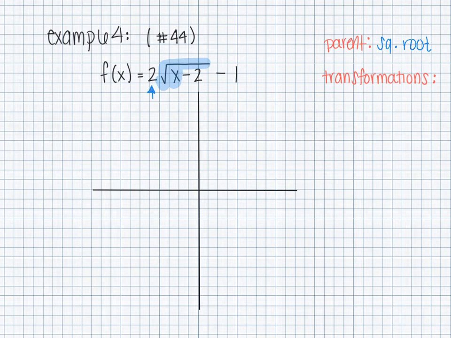A 2 out front, all the way out front, it's being multiplied, it's outside the function, it's bigger than 1, so it is going to be a vertical stretch.